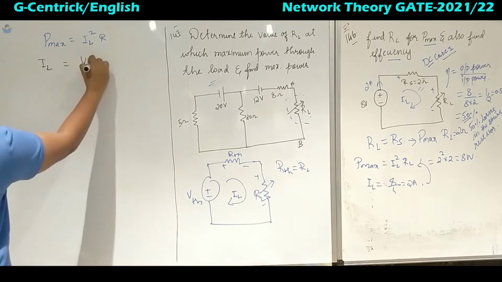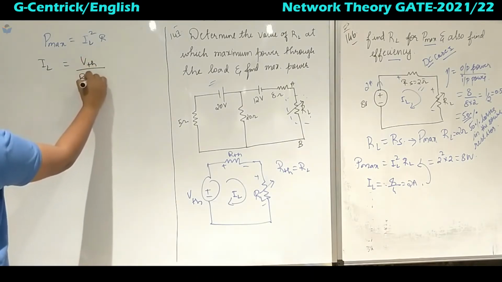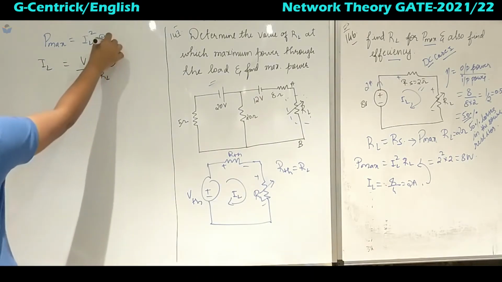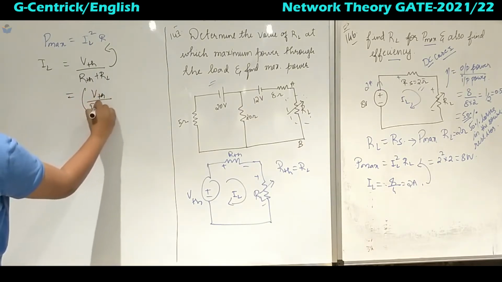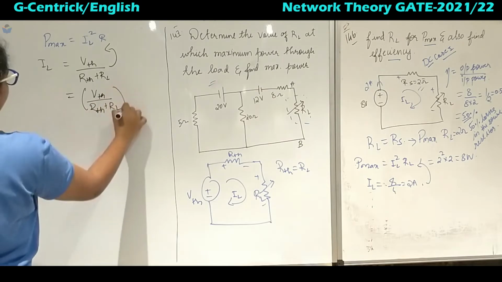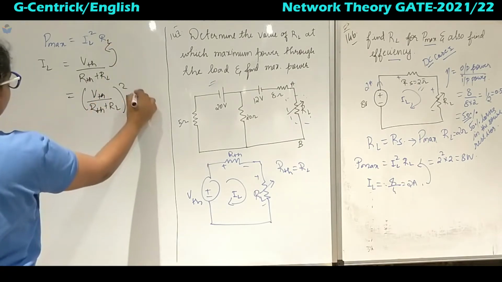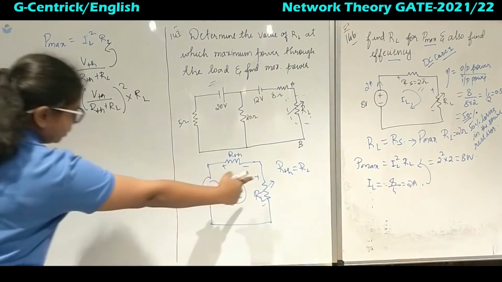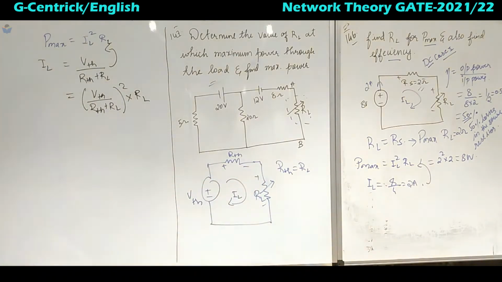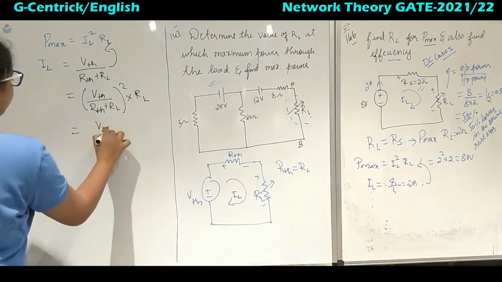It is VTH upon RTH plus RL. So when I substitute this, what will I get? VTH divided by RTH plus RL whole square into RL, right? Now this RTH or RL, I can replace with RTH, because they are equal, as we already know the concept.